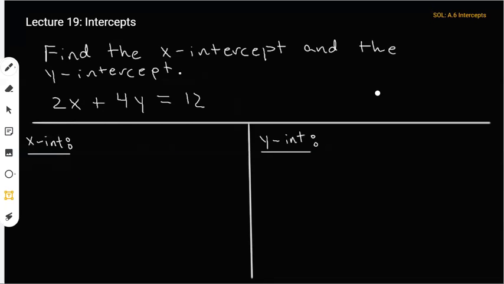Now for the x-intercept, I always need to let the opposite variable be 0. So for the x-intercept, I'm going to let y equal 0. So when I write my equation, everything is going to stay the same except for the y. I'm going to replace that y with a 0.